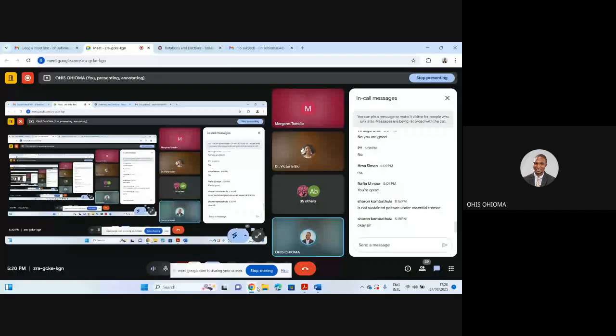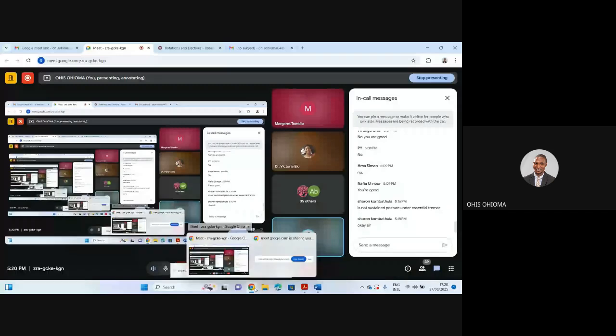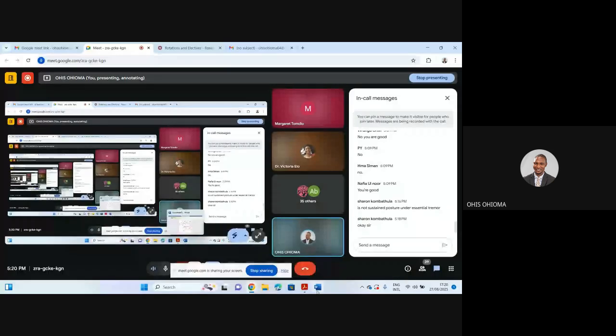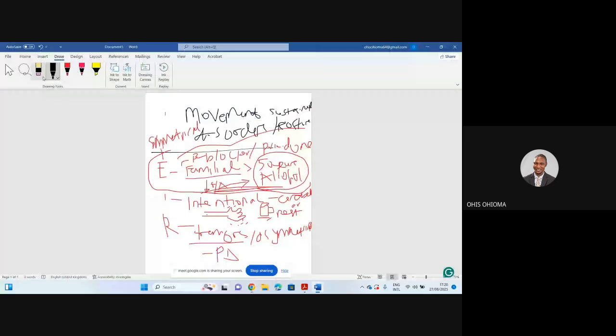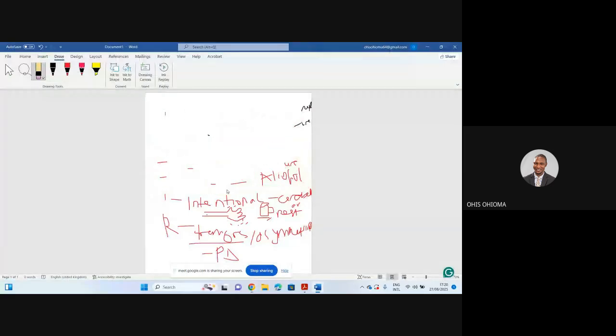So the most important movement disorders that we need to know, basically, I'm going to list them, and then we'll talk about every one of them, and then we'll talk about the neurodegenerative conditions to end the day.